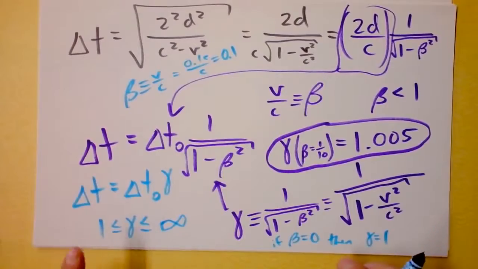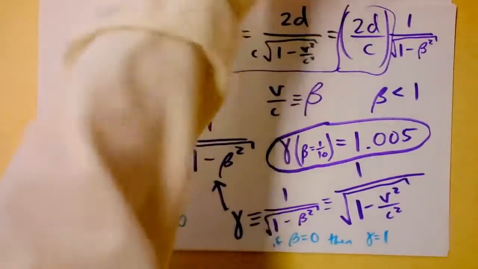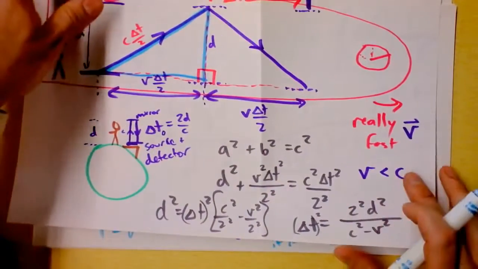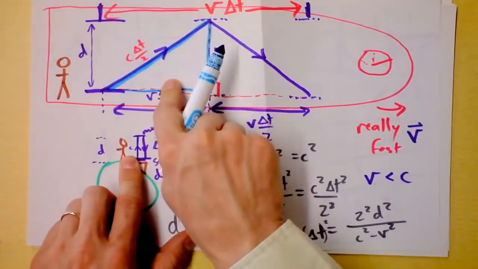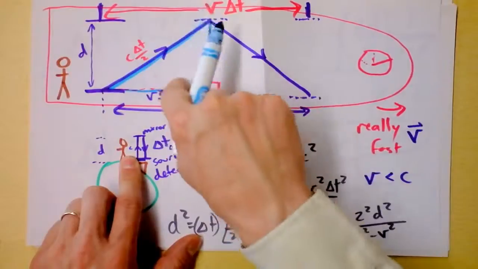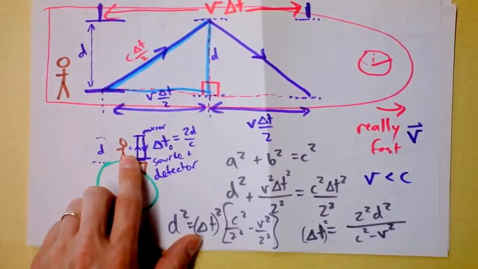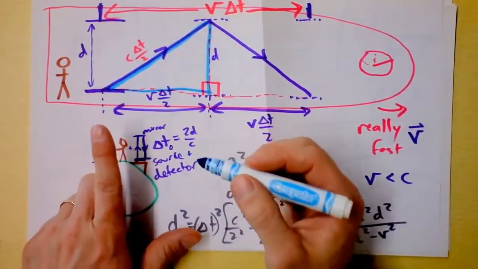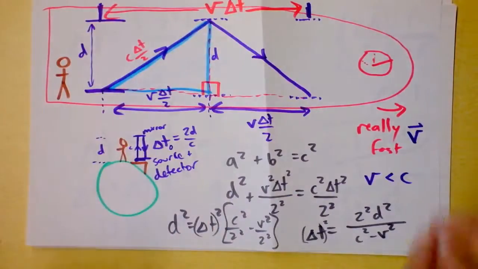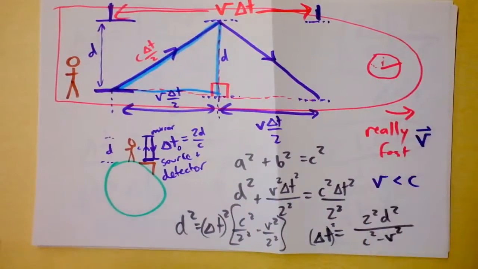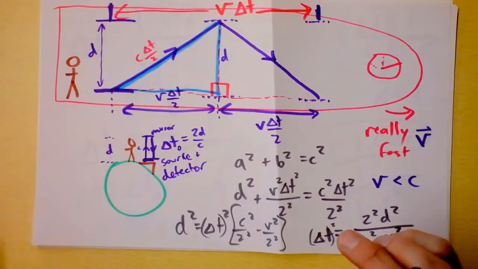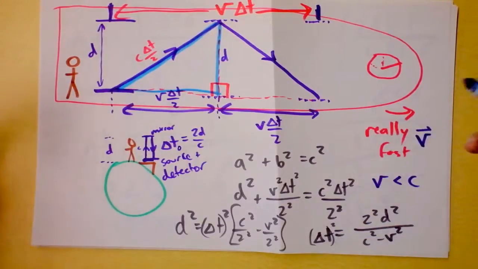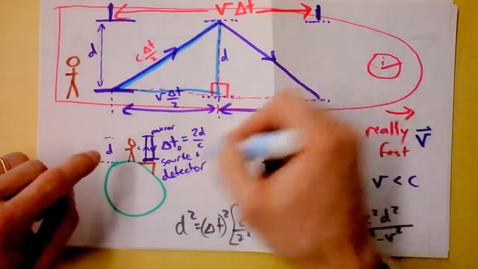So here's what we've got. We have proven that this guy says this guy's clock is moving more slowly, and he's correct. But we said yesterday that every single physical process is the same for every observer in an inertial reference frame. So it's not just this funky light clock.